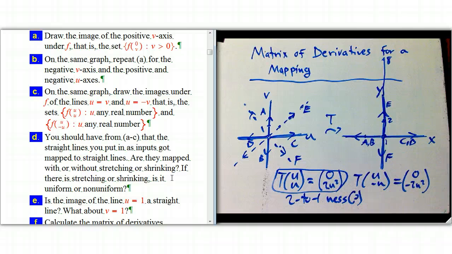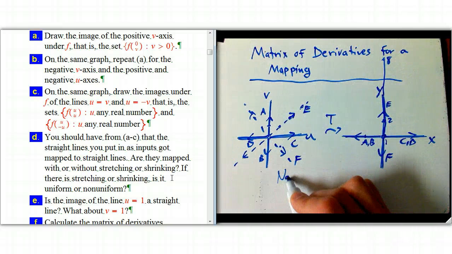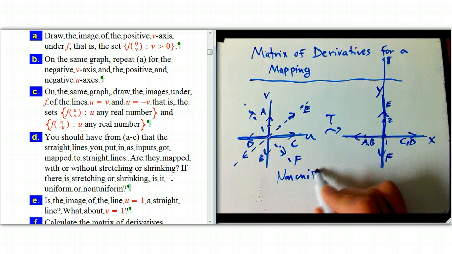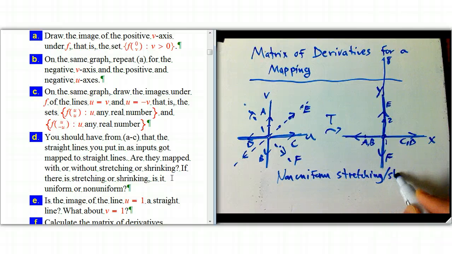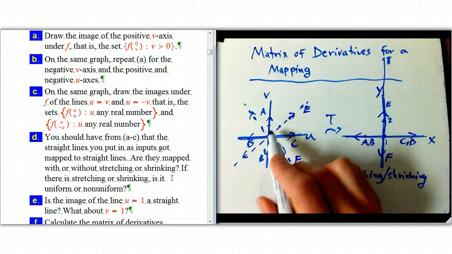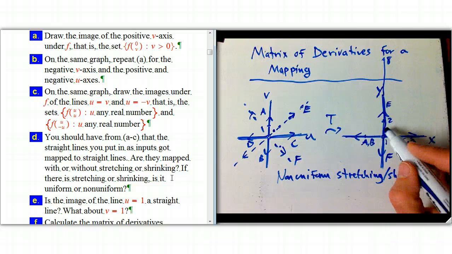And so, in fact, that's telling us that there is going to be a non-uniform stretching, or maybe shrinking. In fact, a shrinking will occur, I claim, when you have small numbers. Like if you take (1/2, 1/2), it shows up at like a half.